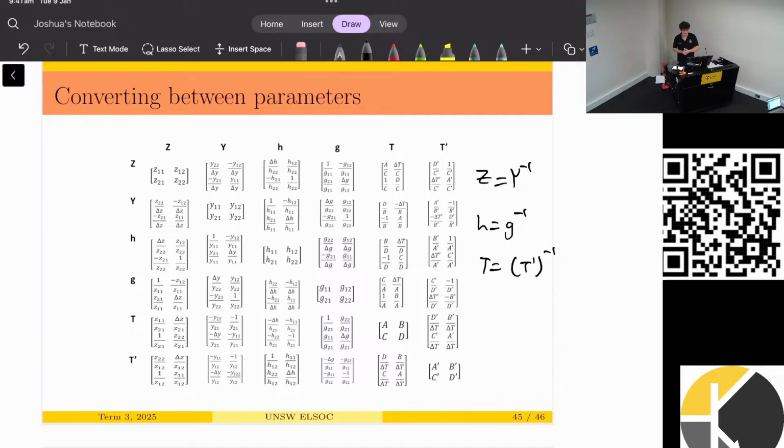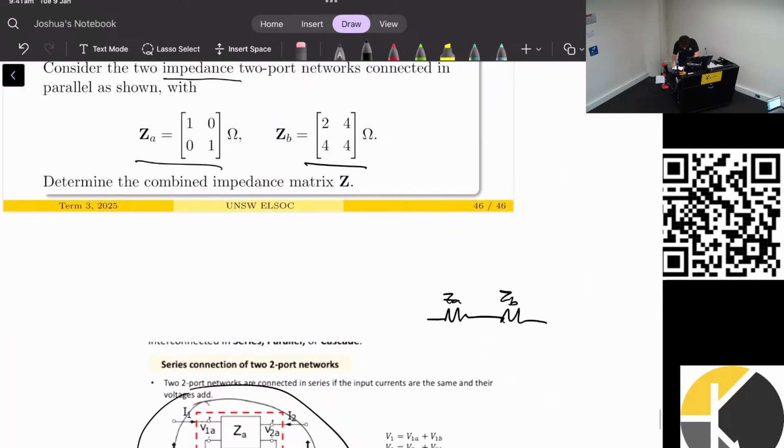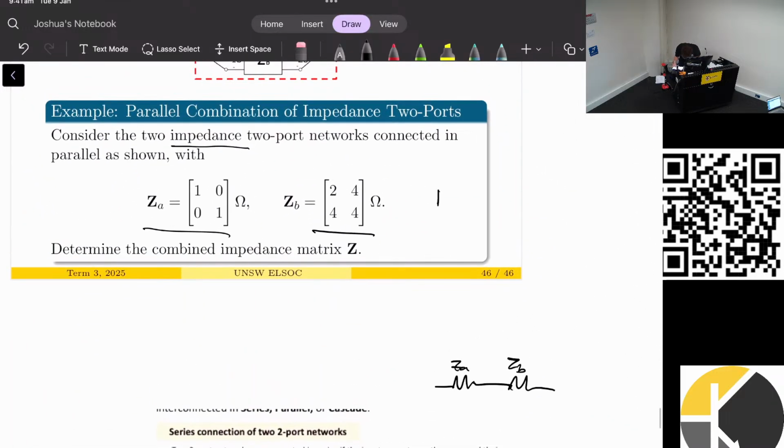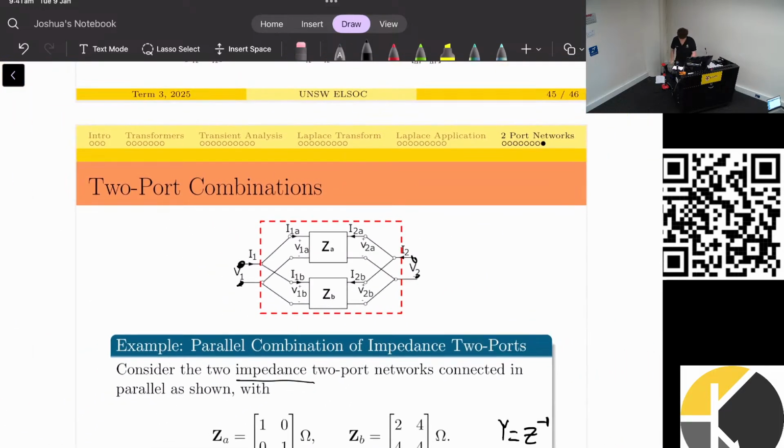Any ideas? Okay. What you're going to notice is Y equals Z inverse, right? That means we can turn these impedance parameters into admittance parameters and then find the two ports in parallel.